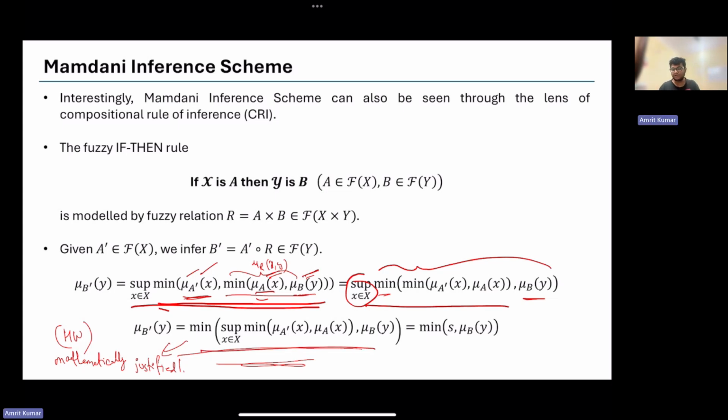But supremum of minimum of mu a dash x comma mu a x, where x varies over universe capital X, is nothing but your similarity value S, right? That's Jaccard's maximum similarity measure. So what you get is S. And then you are taking minimum of S comma mu b y. Now this is nothing but Mamdani inference.